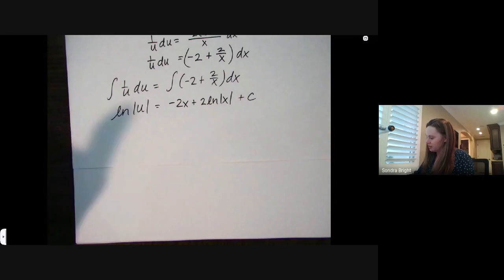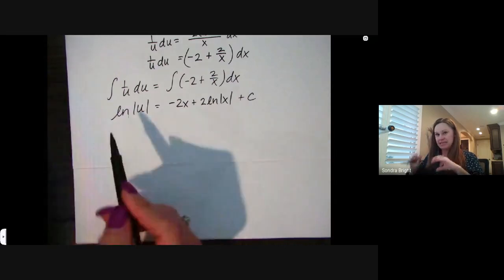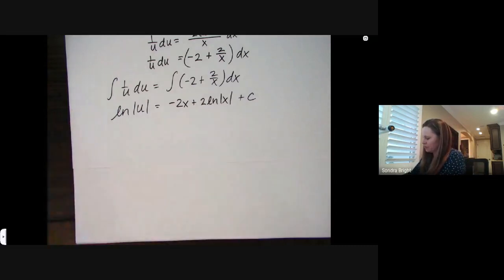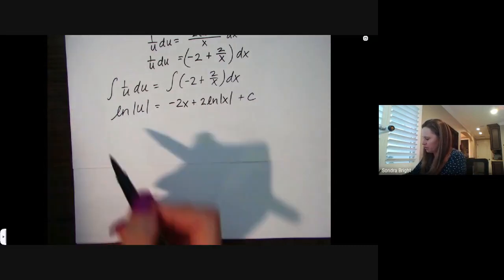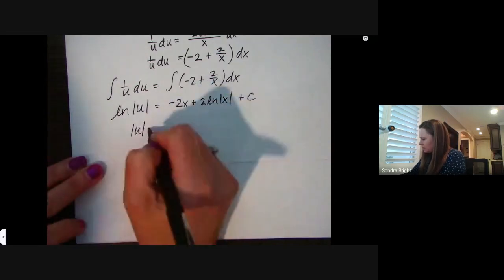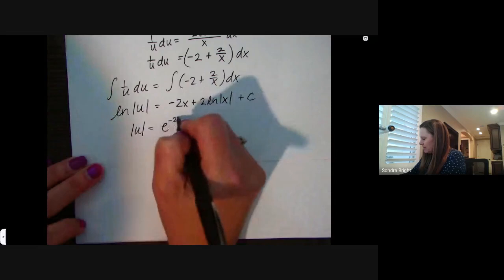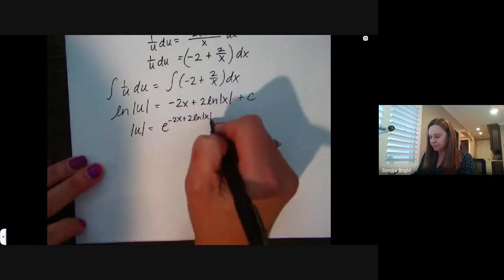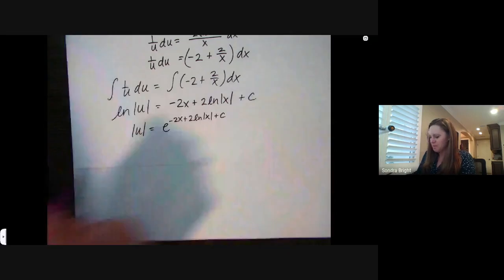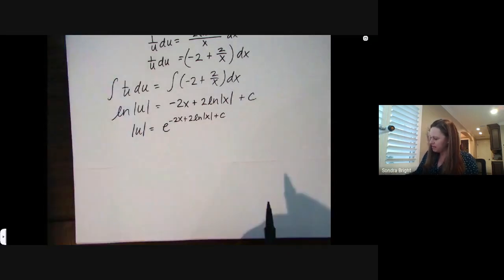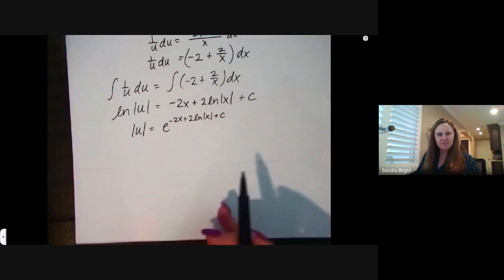So solving for u means you would take e to the power on both sides, right? So e to the natural log of absolute value of u will leave you with the absolute value of u. And then this is e to the negative 2x plus 2 times the natural log of absolute value of x plus c. Do you remember we did ones like this, where same base, keep the base, add the exponent?